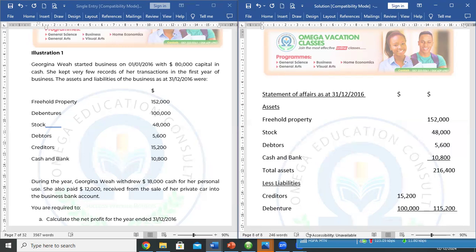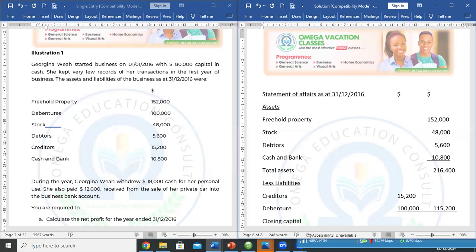So capital as at 31st December 2016, or you can call it your closing capital, whichever. I think here we should use the closing capital since that is what we are going to use in the formula or the format. So 216,400 minus 115,200.